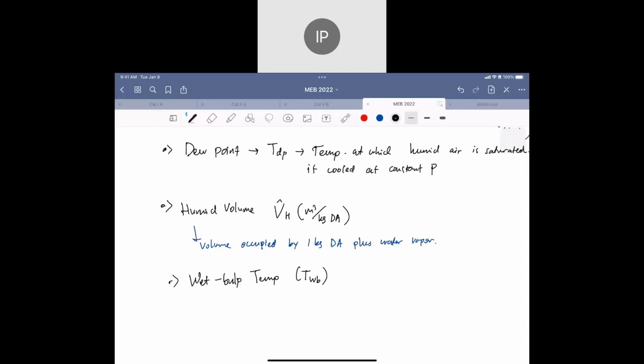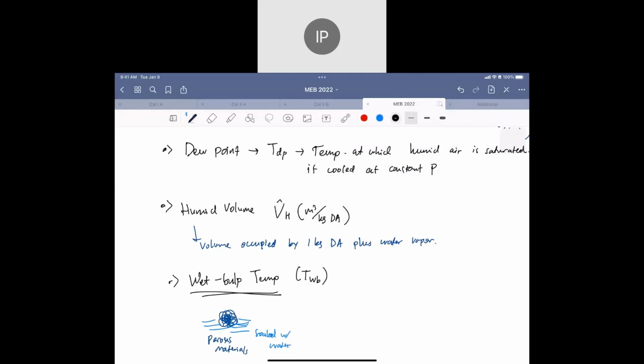To imagine this wet bulb temperature, imagine you have porous material soaked with water.